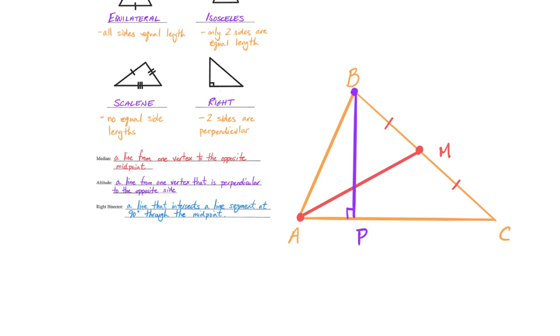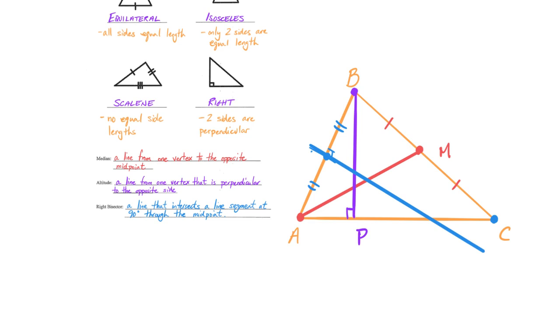So I may be trying to draw my right bisector from C, but then what I notice is I have to go through the line segment AB at its midpoint, so those two side lengths are the same, but I also have to hit at a right angle, then what I might find is my right bisector of side AB doesn't even cross through C.